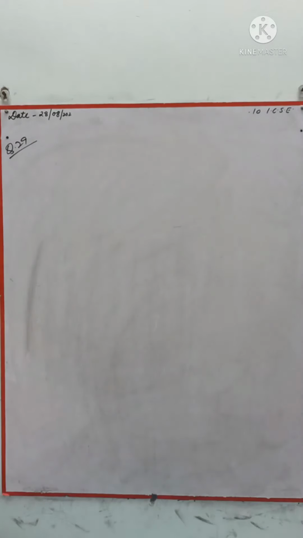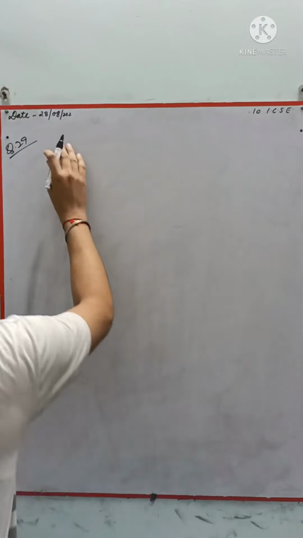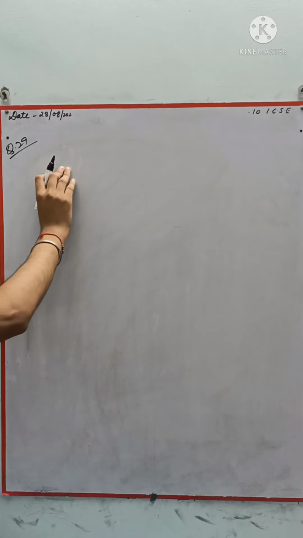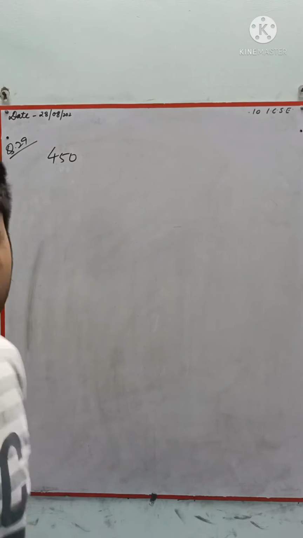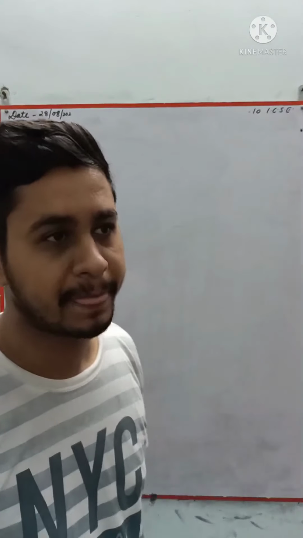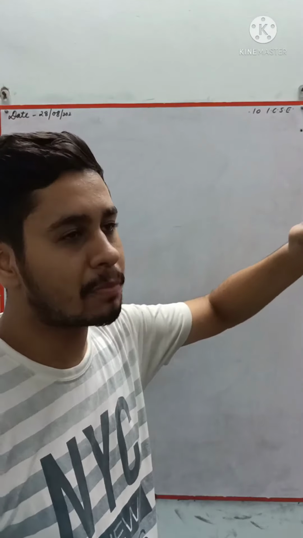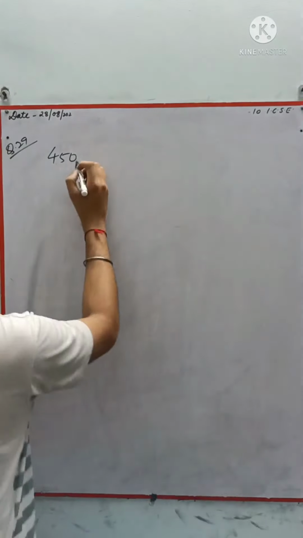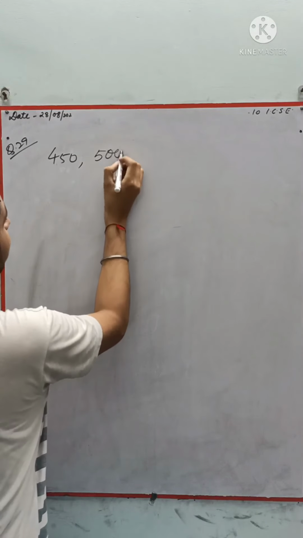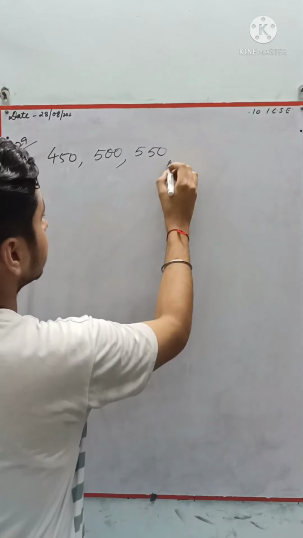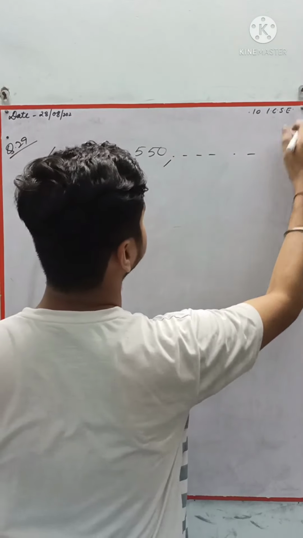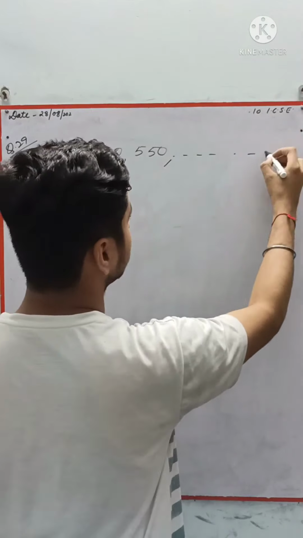Okay, so the lady started paying the 15 installments, and her first installment was rupees 450, and she increased the installment by rupees 50. So what will be her second installment? 500. Third installment will be 550, and she has to pay up to 15. She has to pay 15 installments.